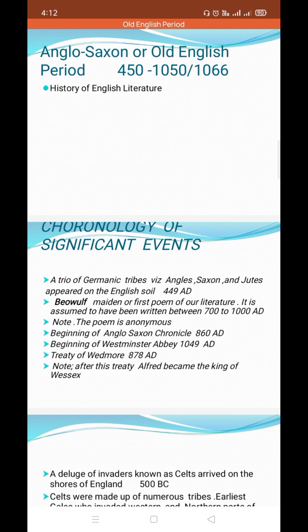Our first topic today is the Anglo-Saxon or Old English period, and the period begins around 450 to 1050 AD, or in some books it is 1066, because it is always controversial, because we can't exactly fix the chronology of the historical events, especially events before the 16th and 15th century.